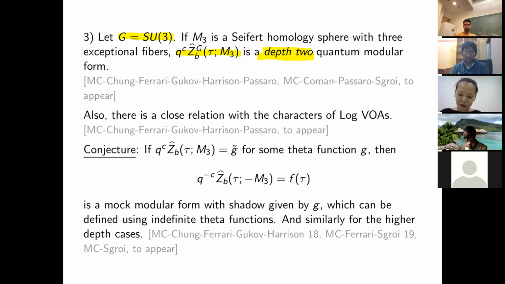So it's a recursive definition, which has a nice physical interpretation, in particular in terms of multiple M5-brane interpretation. And a very beautiful story I failed to have time to cover is that there's also a close relation between quantum modular forms and the characters of log VOA that Sergey alluded to in his talk.